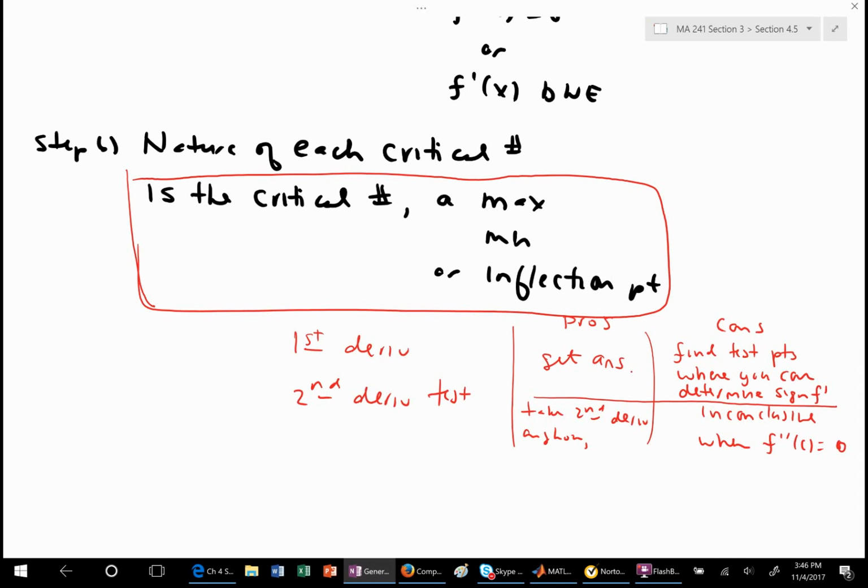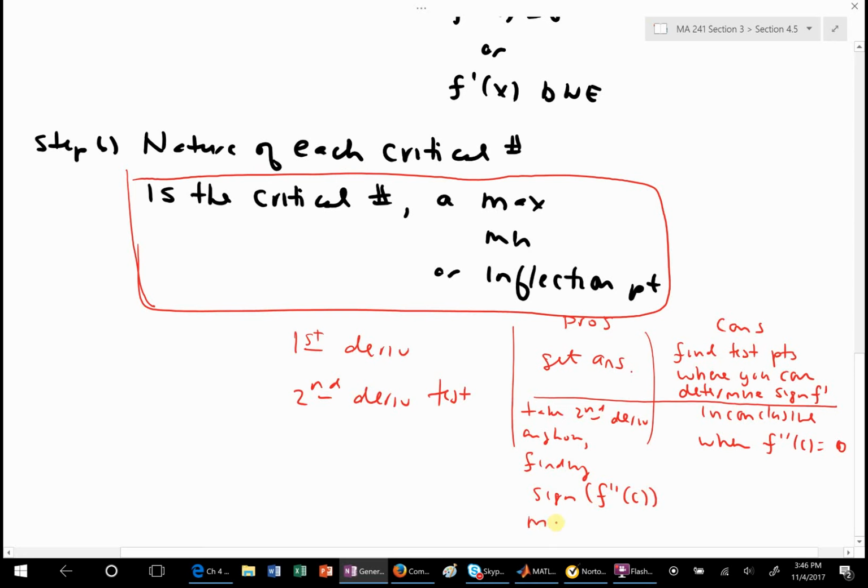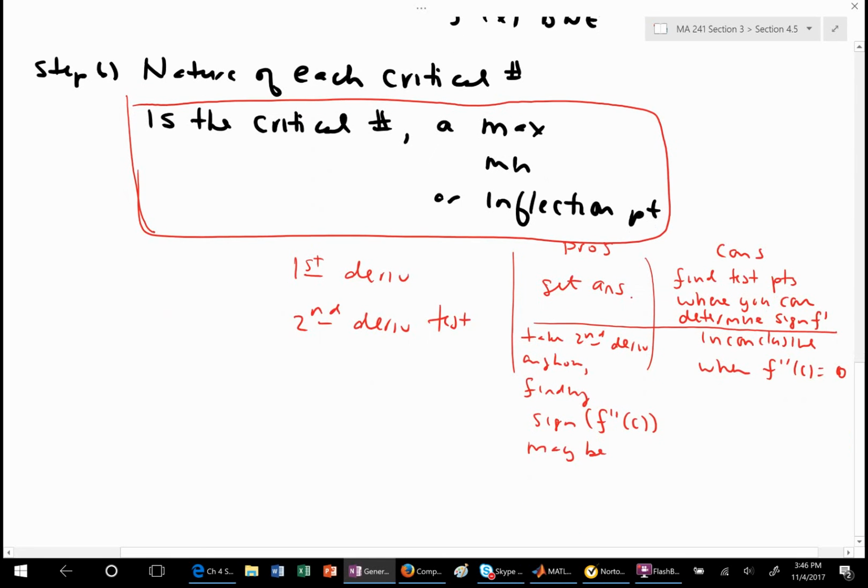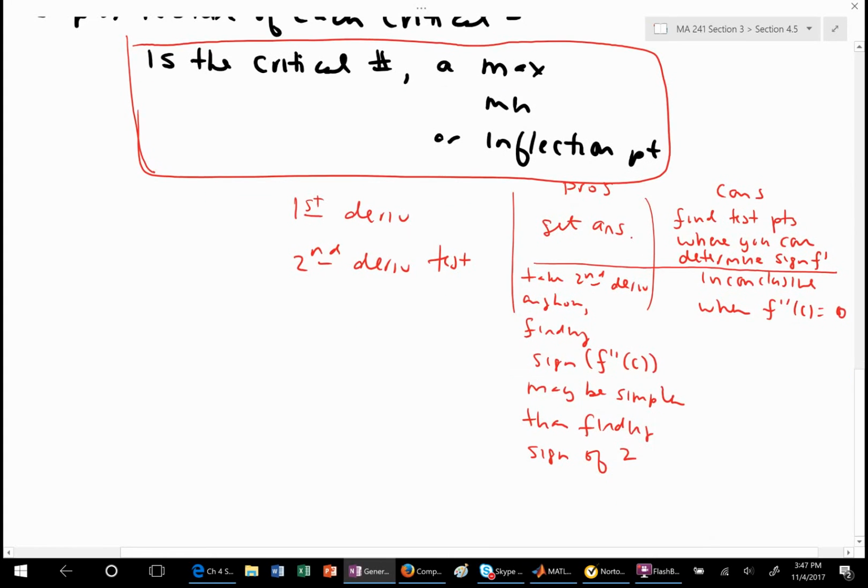Okay, so it could be less work. So finding the sign of the second derivative at the critical point may be simpler than finding the sign of the two first derivatives. Okay? Those are kind of the pros and the cons.